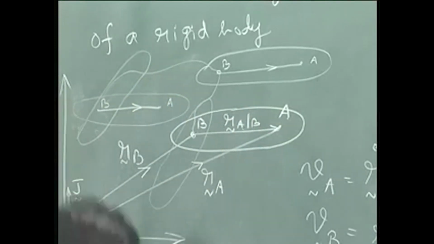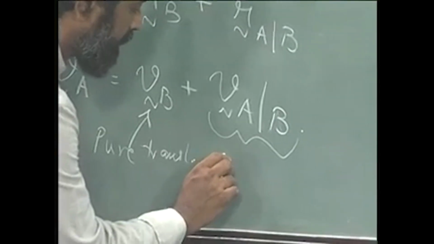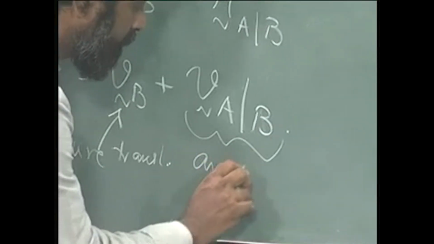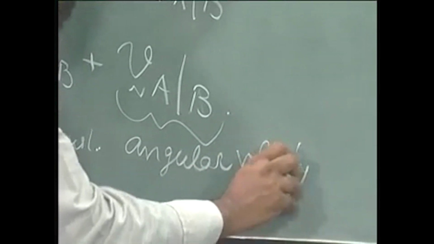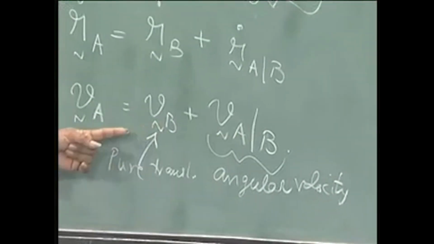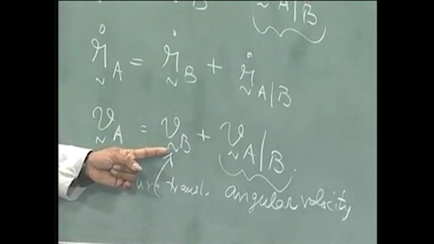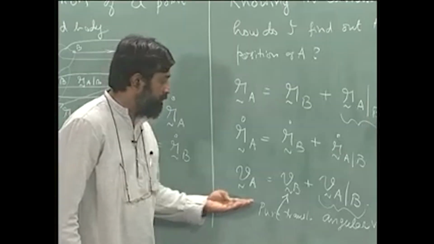So, you can see that this involves just angular velocity. So, you have an angular velocity here and a translatory velocity over here. Okay, that is how we understand this.